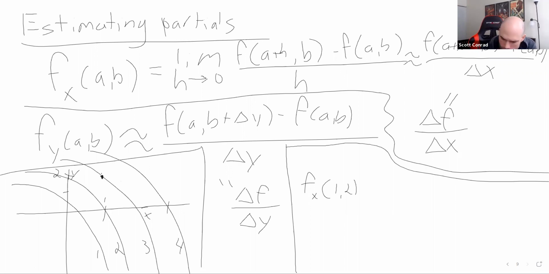So we're going to go over here until we hit the next level curve. We're going to look at how f changes, and then divide by how x changed.